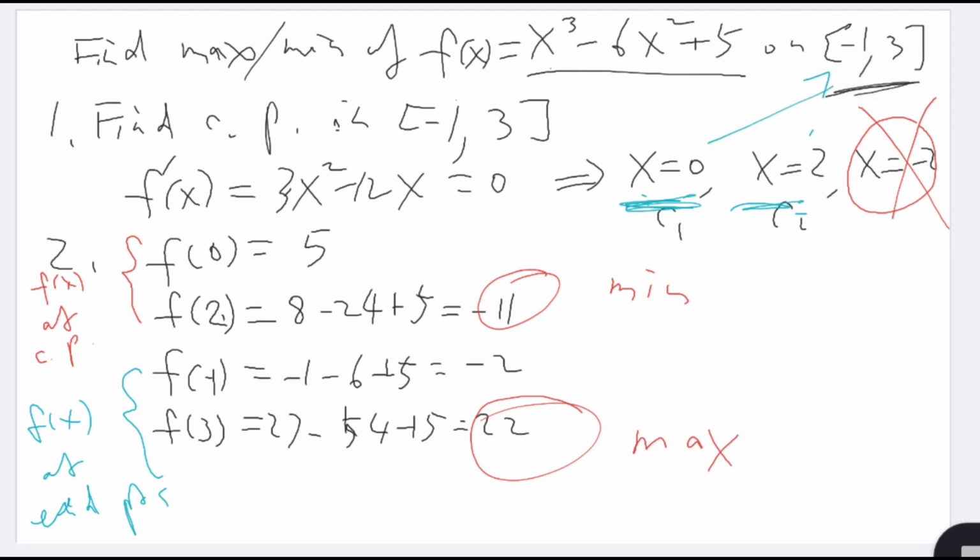They're all inside. And also evaluate the function at the endpoints. Compare function values. Then you can see which one is the largest and which one is the smallest, your absolute maximum and minimum.